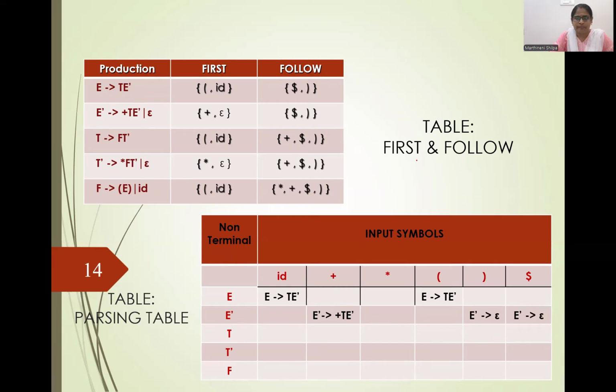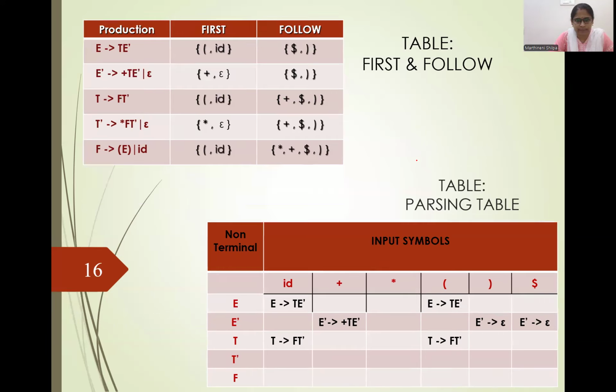In this way all the productions are going to have an entry into the table. Like T derives F T'. First of F T' is open bracket and id. So in those two columns, in the row represented by T, the production is going to be entered.